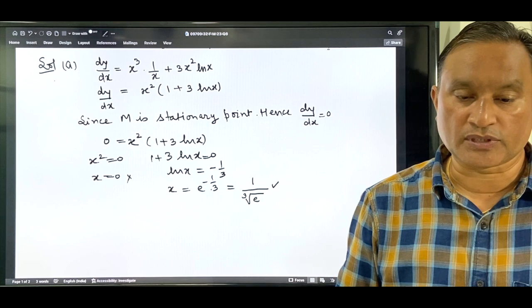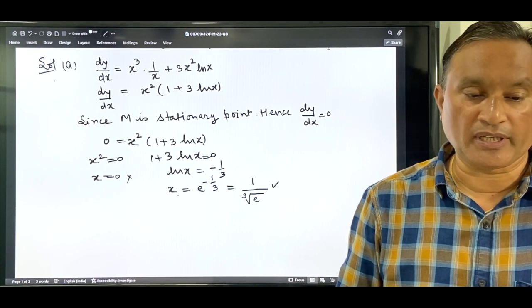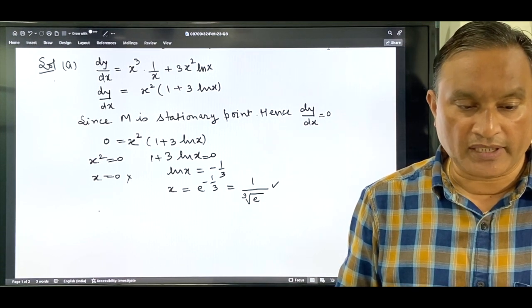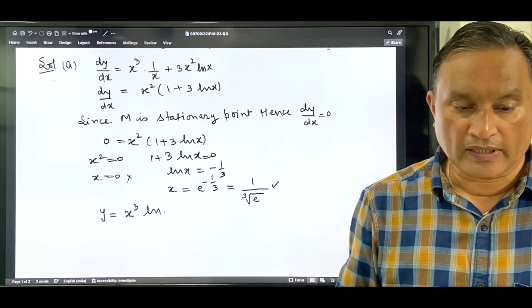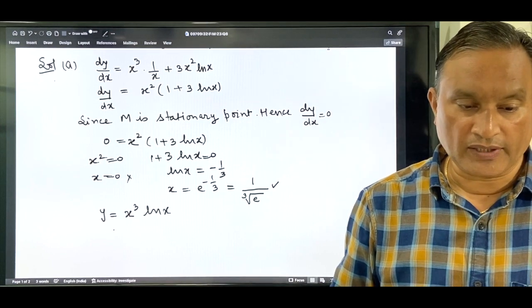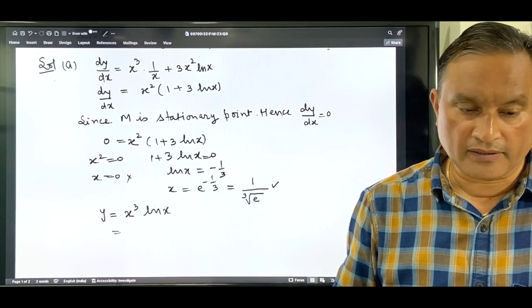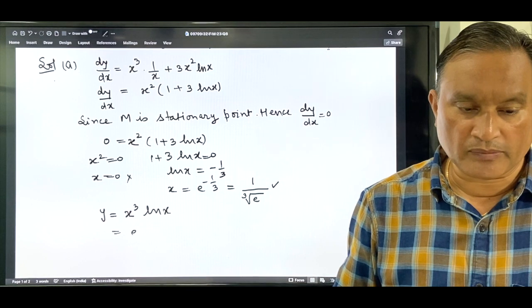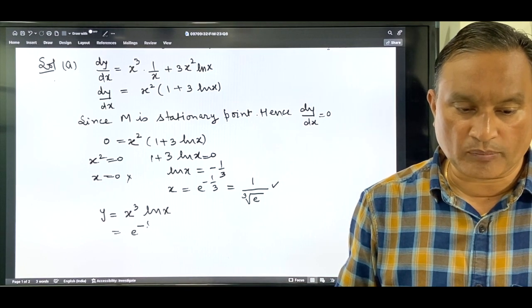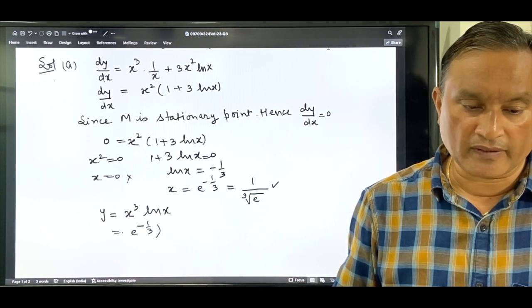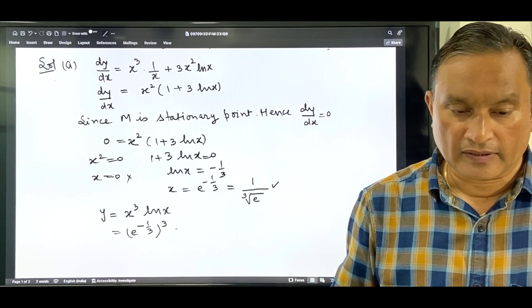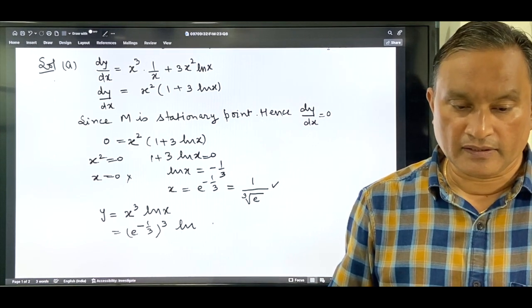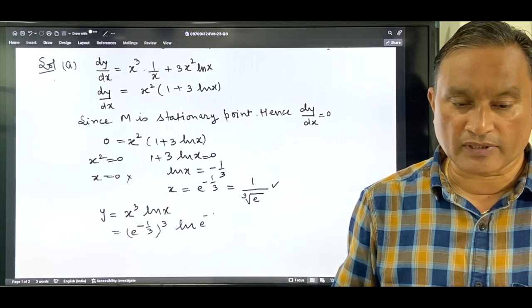Now we will substitute the value of x in the main equation, and the main equation here is y equals x cubed ln x. So when you substitute the value e raised to the power minus 1/3, whole power 3, ln e raised to the power minus 1/3.